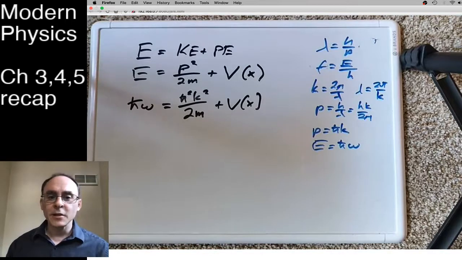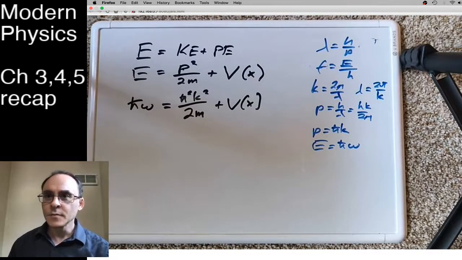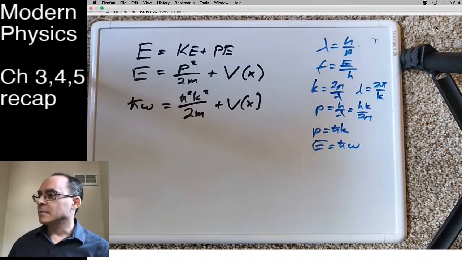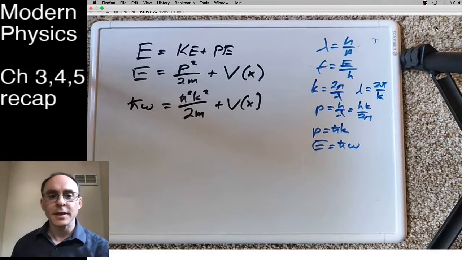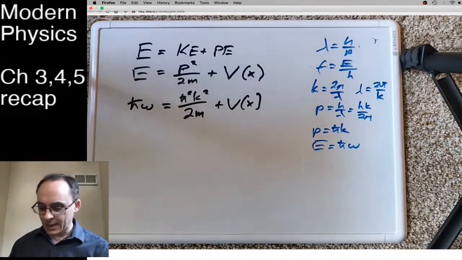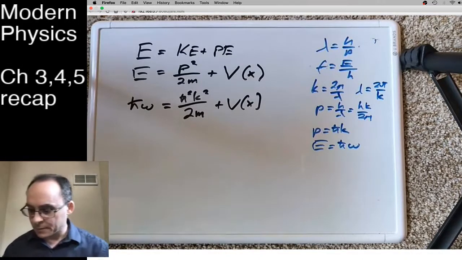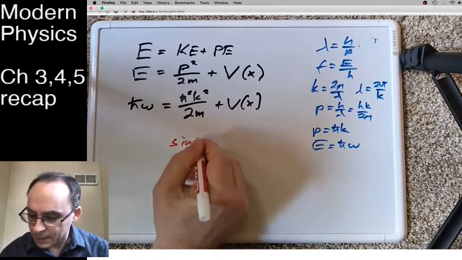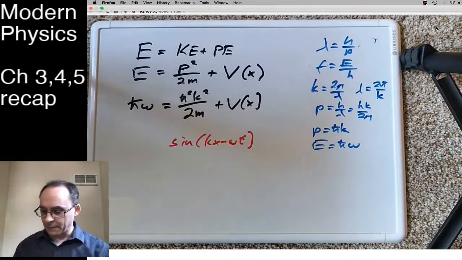Remember, if there's no potential energy, we should have a freely propagating wave: if we set something oscillating, it keeps going. So we can use that argument and say we want a solution that looks something like sine of kx minus omega t, which somehow looks like a wave.